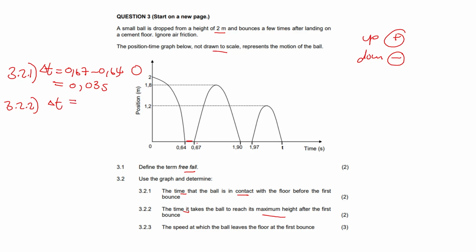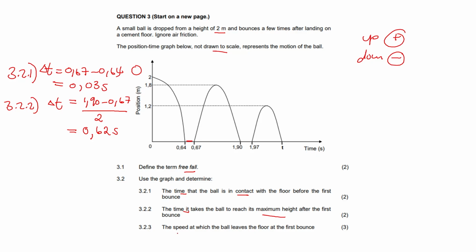That's the first bounce. So the change in time is 1.90 minus 0.67, and we divide that by 2 and we get the time to be 0.62 seconds. That's the time it takes to reach the maximum height after the first bounce.